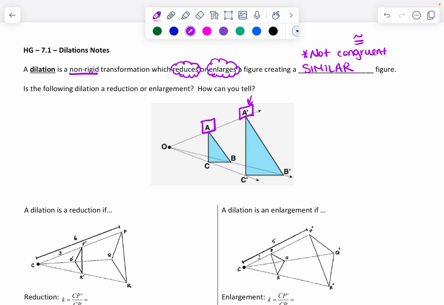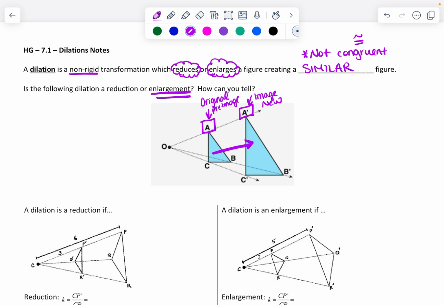And prime means this is the image, the new figure, and the regular one is the original, also called the pre-image. Because the pre-image was A, the new image is A prime, going from this triangle to this triangle, and we can tell that it's getting bigger, so it's definitely an enlargement.